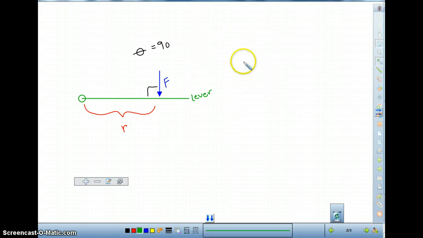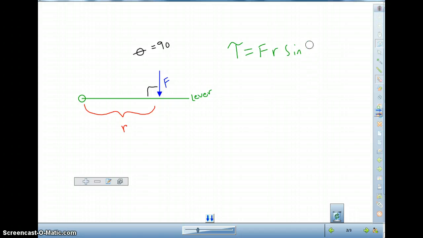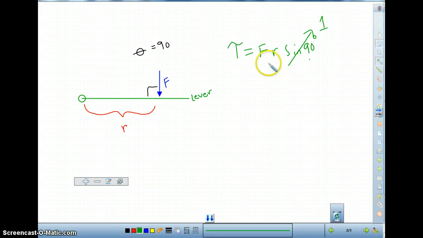So if we do that and apply our formula for the magnitude of torque equals F r sine theta, what we'll soon realize, if you don't already, is that if theta is 90 degrees, or perpendicular, the sine of 90 degrees is equal to 1. Therefore, if the push or pull involved in the torque is perpendicular, torque is just equal to F times r.